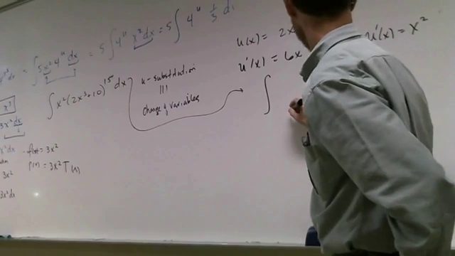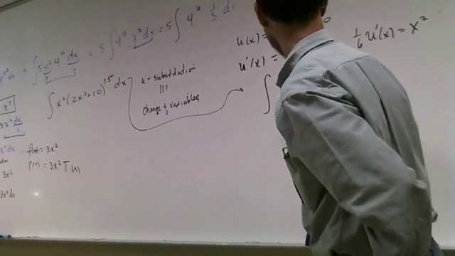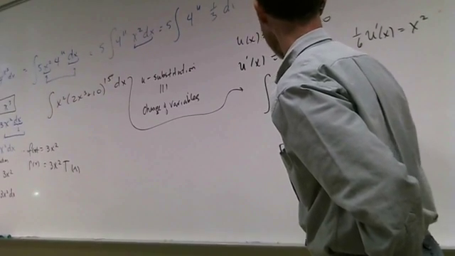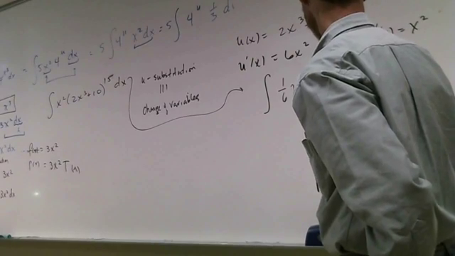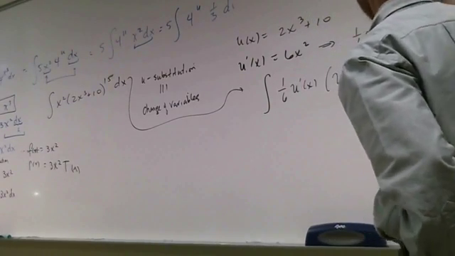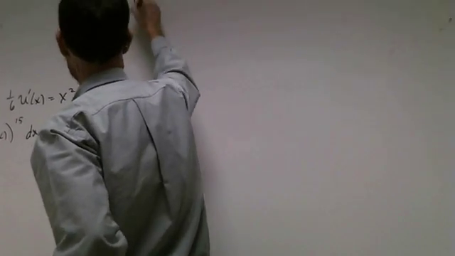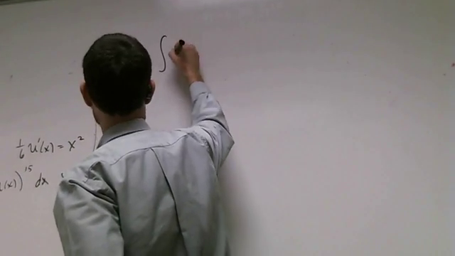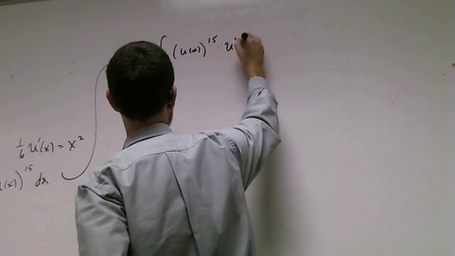We could write this as 1/6 u prime of x times u of x to the 15th dx, which I could rewrite as 1/6 integral of u of x to the 15th power times u prime of x dx.